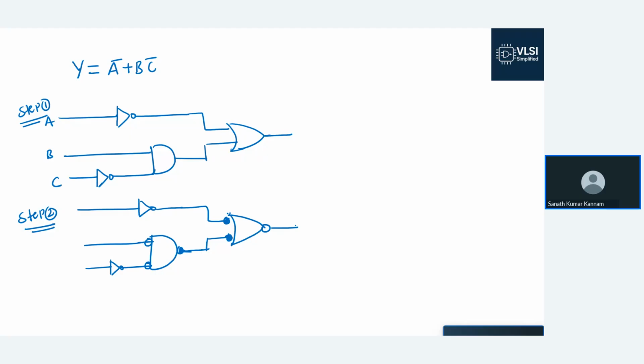And next, step 3. Wherever you added the bubble, you need to add the inverter. So where you added the bubble, here anyway an inverter is there.